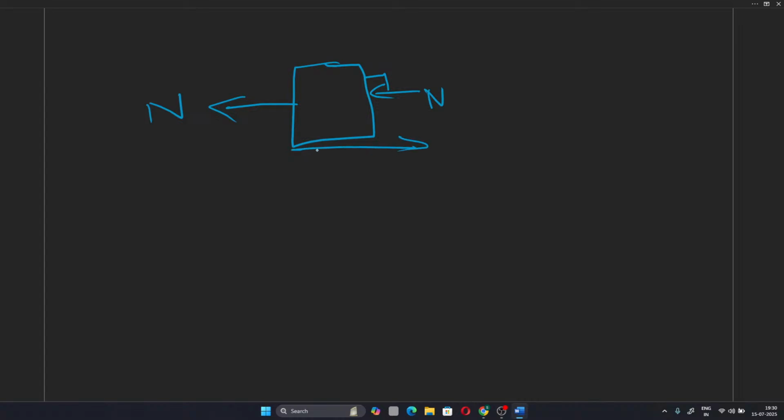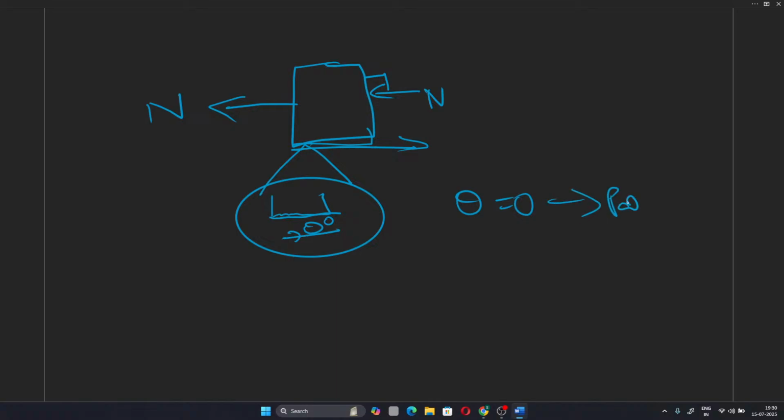If we take an enlarged view, the angle is 0 degrees. Theta equals 0 is called parallel. Theta equals 90 degrees, where theta is the angle here, is normal.